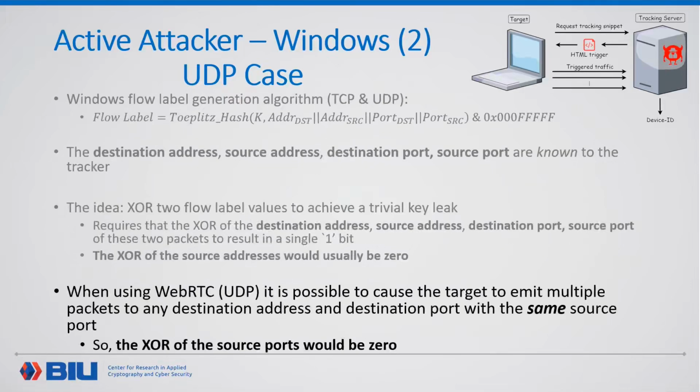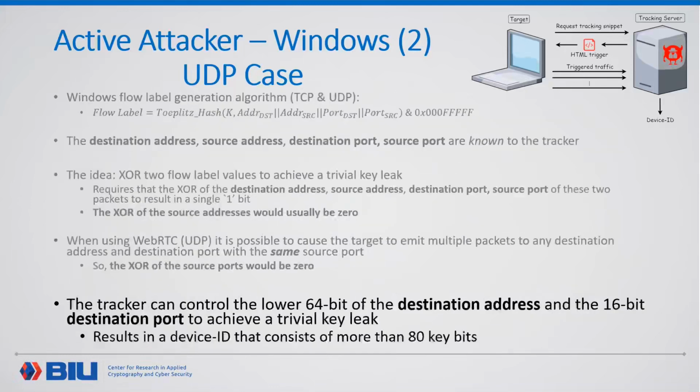If WebRTC is used to emit the UDP traffic, it would cause all the packets to originate from the same source port, which would result in a XOR of 0 for the source ports. This leaves us with the destination address and destination port, which are controlled by the tracker. So, the tracker can set these values to achieve a trivial leak.